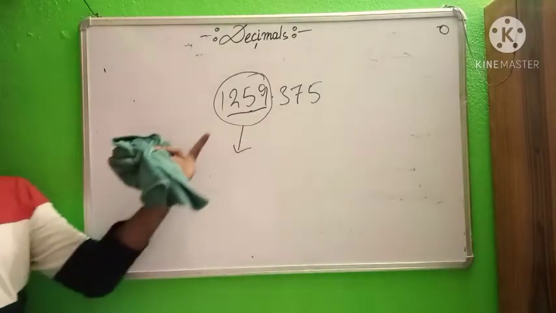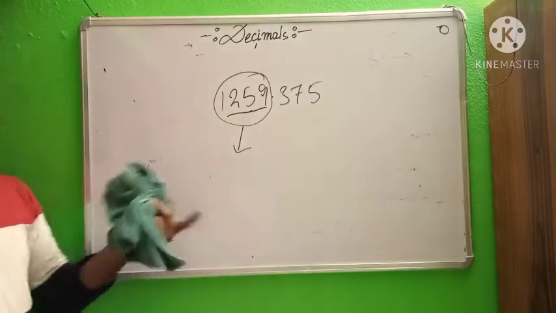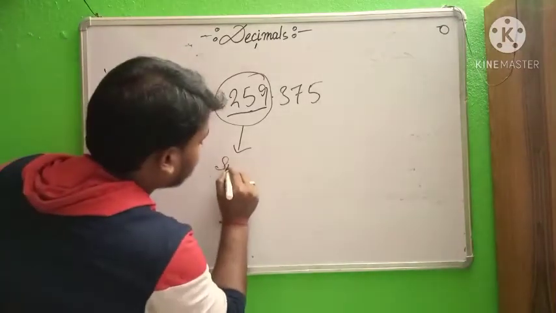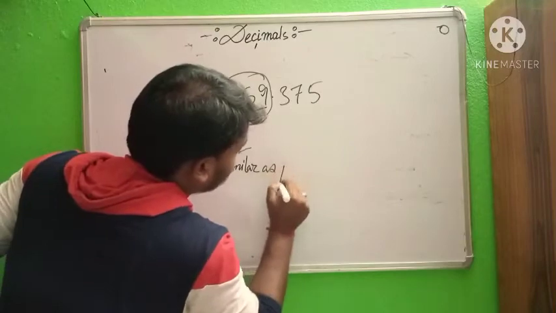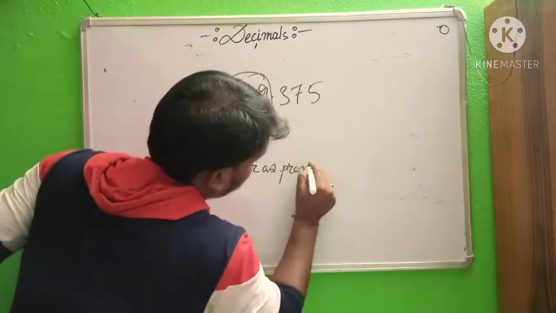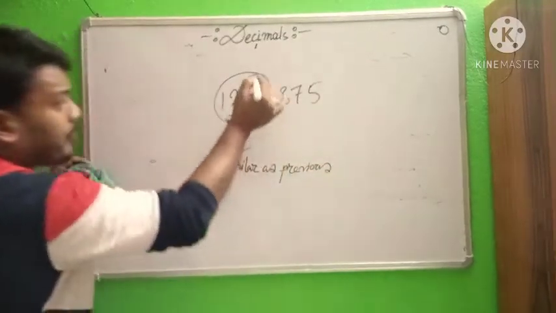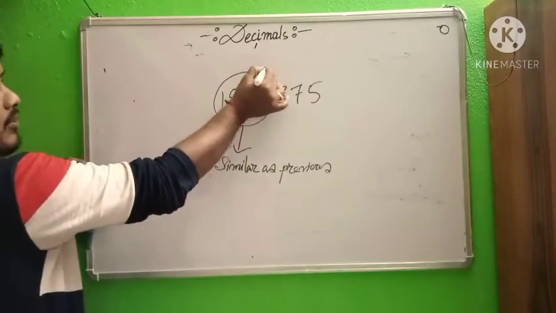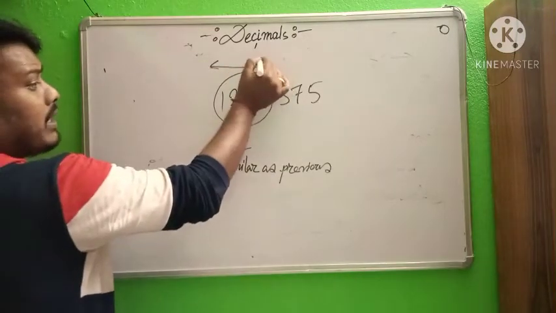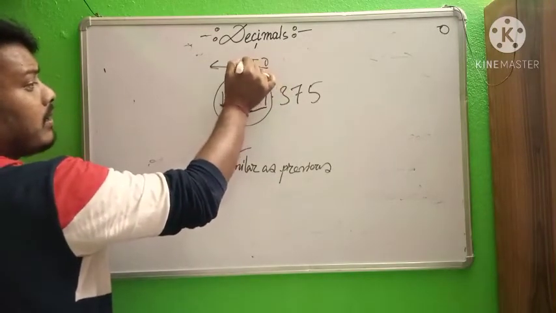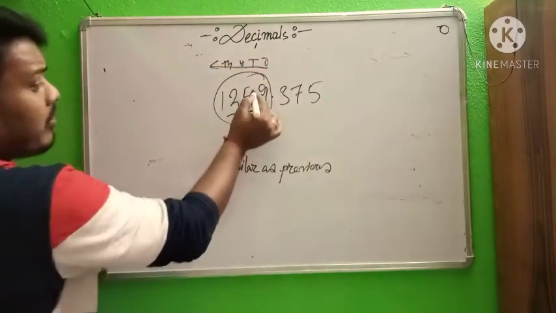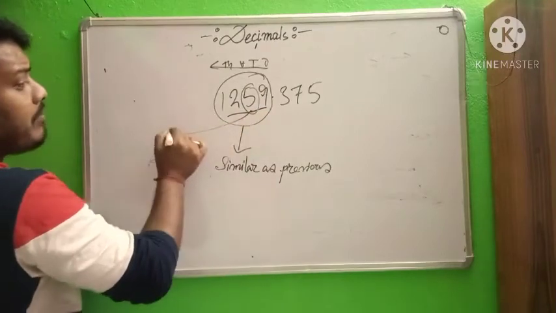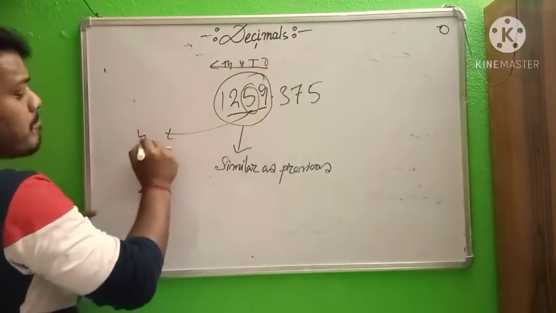It is before the decimal part. Before the decimal part, we count in this way: 1, 10, 100, 1000. Okay. So the place value of 5 is 5 tens or 50.